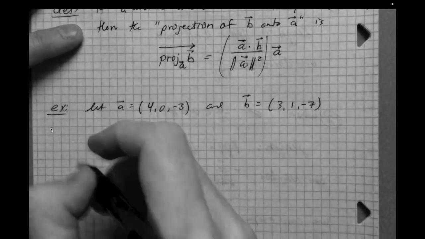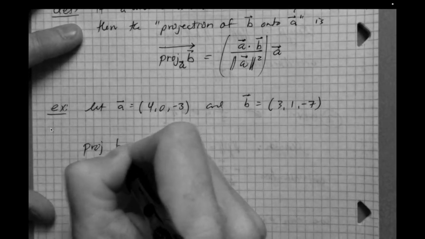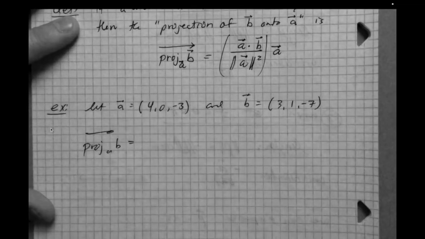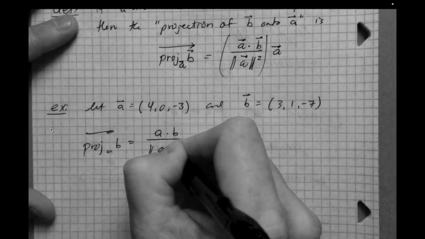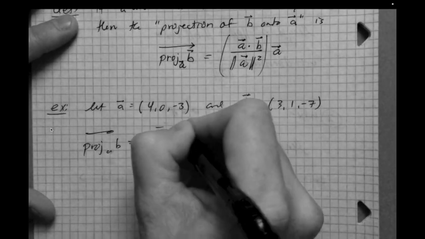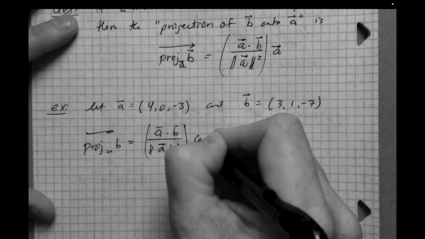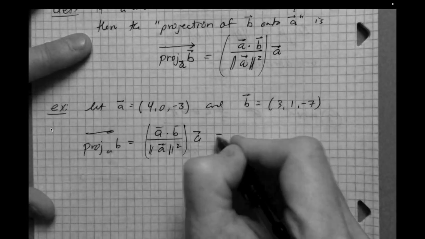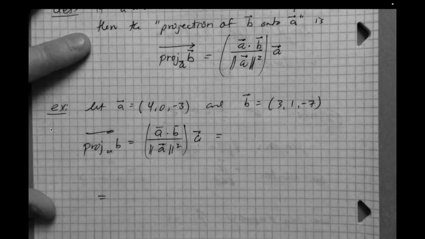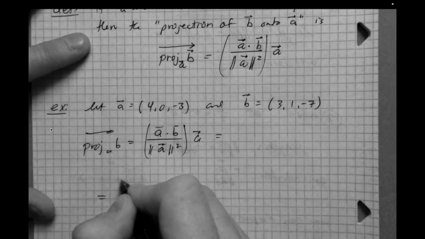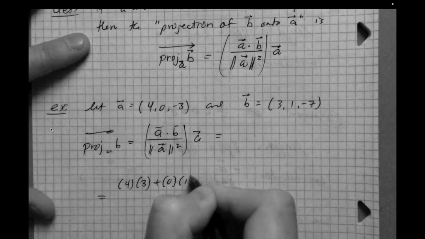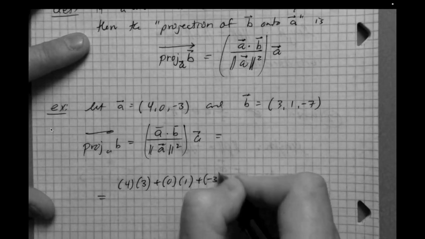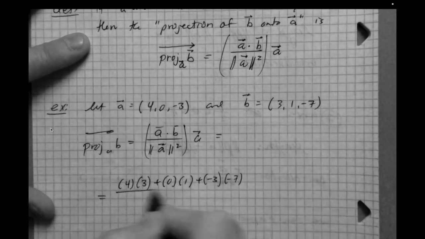The projection of B onto A is equal to A dot B over the norm of A squared, that's a scalar, times A. So A dot B we can calculate first: 4 times 3 plus 0 times 1 plus negative 3 times negative 7.